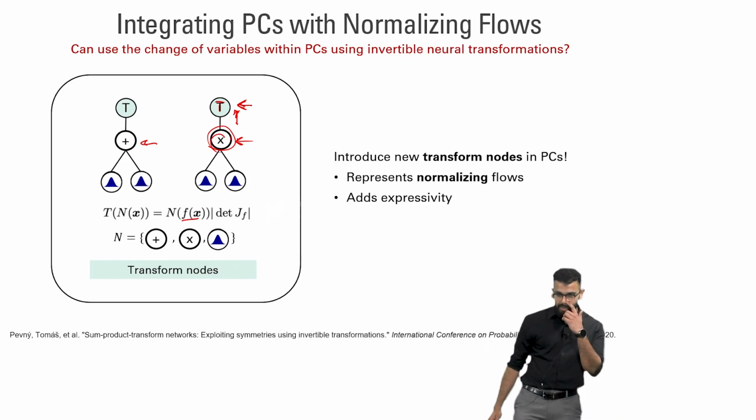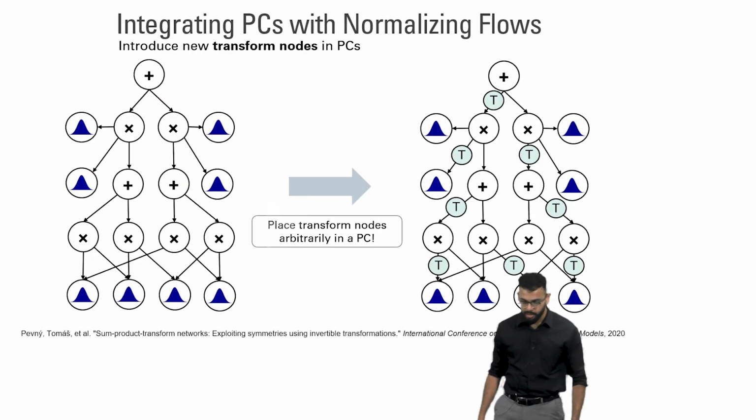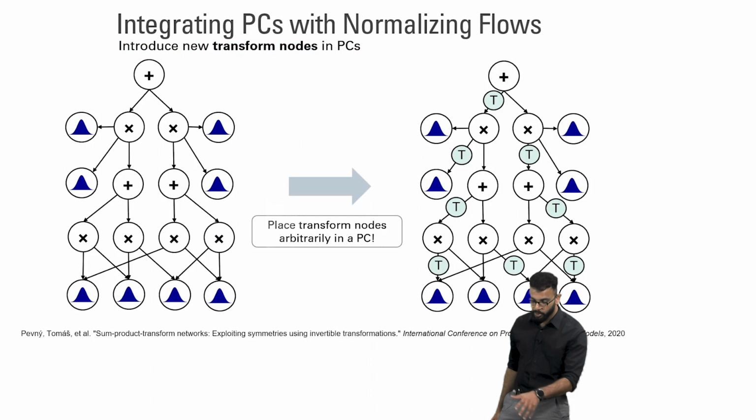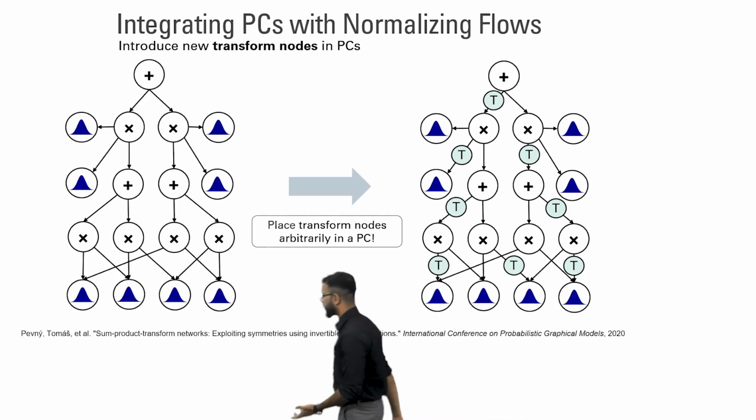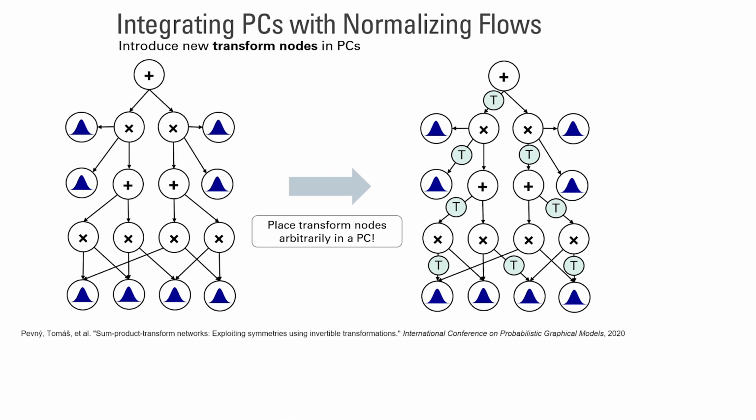But the question then is, if you add these, wait, before I get there, here's the high level view. If I have a transform node introduced into a probabilistic circuit and it can be defined arbitrarily over any nodes in my circuit, then one way to combine both would be to place the transform nodes arbitrarily over my probabilistic circuit, right?